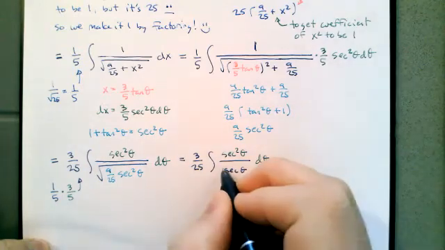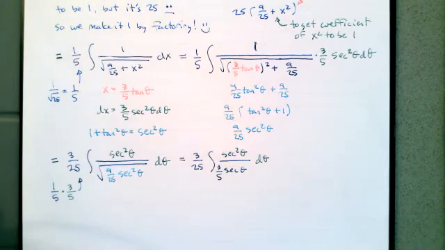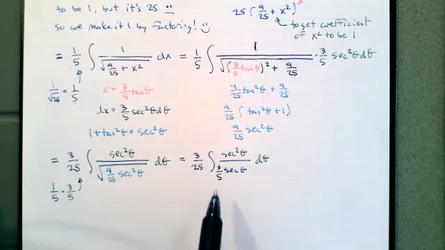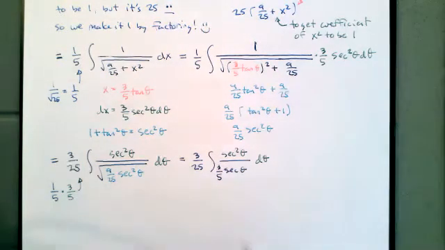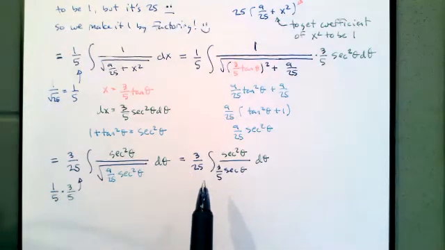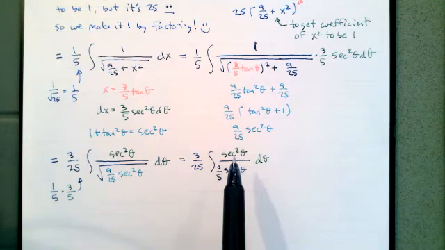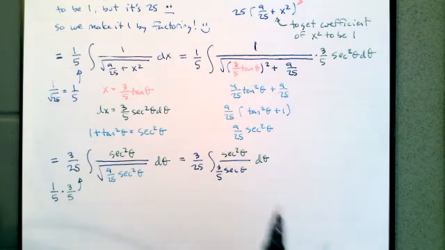Oops, secant theta is times 3/5. I've got 3/25 divided by 3/5. So now I remember, I was thinking, I don't really need to multiply by this 3/5 out in front. And now I remembered why. 3/25 divided by 3/5 is going to be 1/5. And then we have secant squared divided by secant, which is just secant.